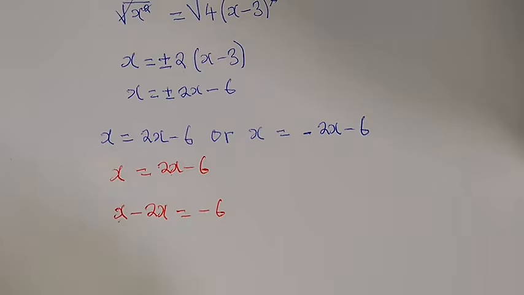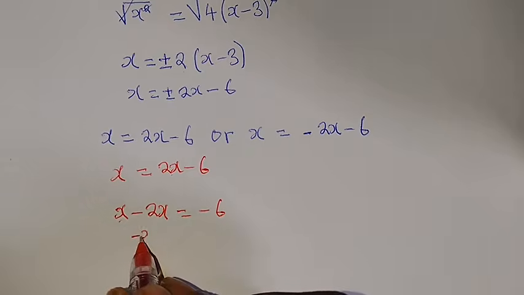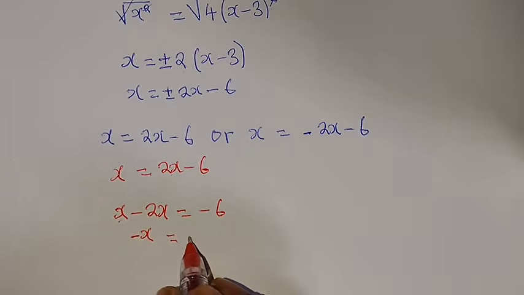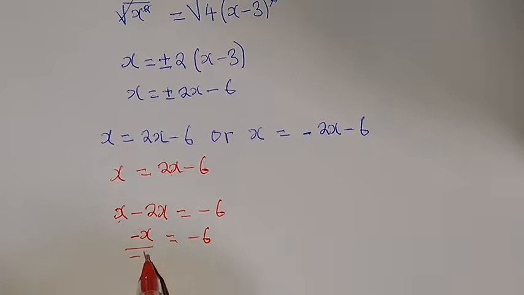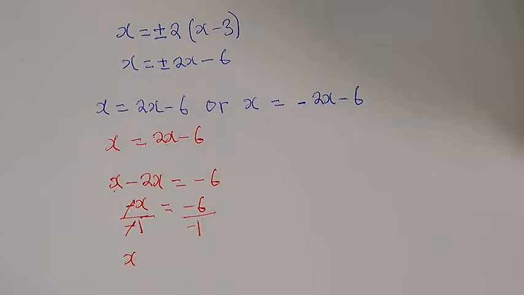So x minus 2x will give us negative x, which is equal to negative 6. We need to divide by negative 1, so that the negatives cancel out and we remain with x equal to, the negative and negative cancel out, 1 into 6 is 6. That is the first value of x.